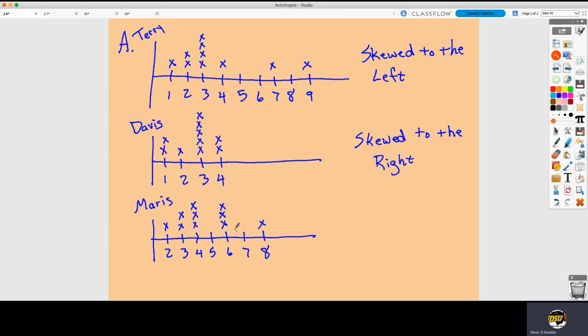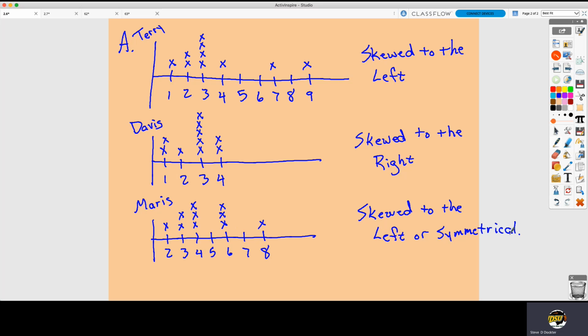If you had to pick either skewed left or skewed right, we would say it's skewed to the left. Or we could say it's pretty symmetrical too. You could say either one and you would not be wrong with this one.